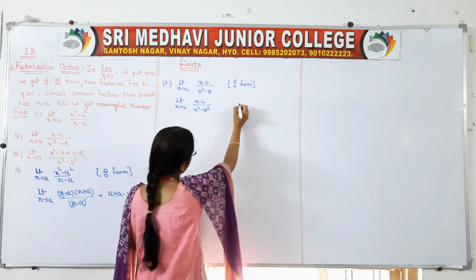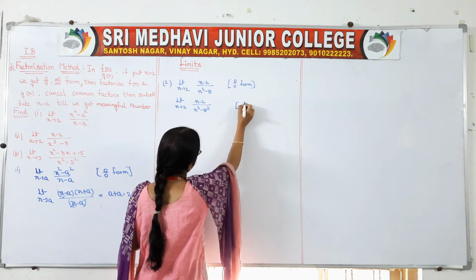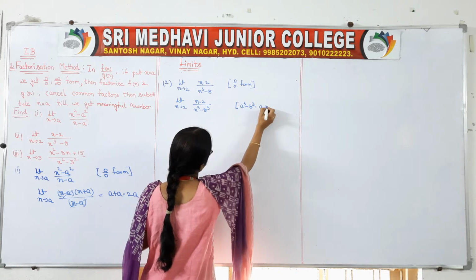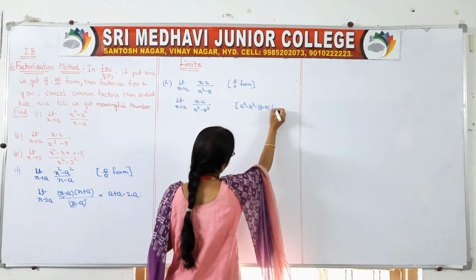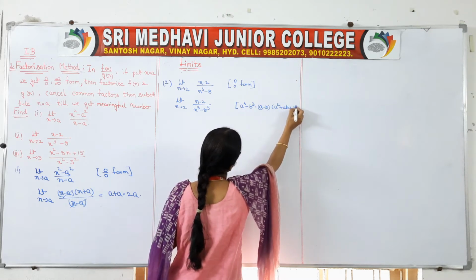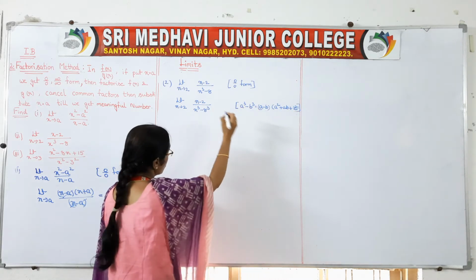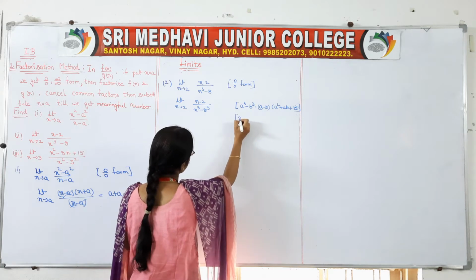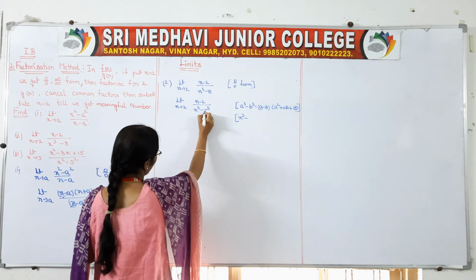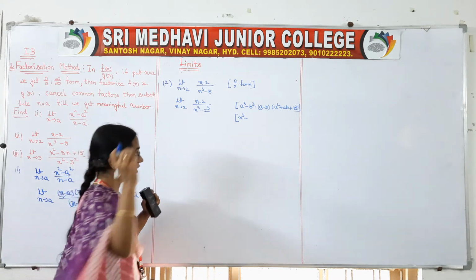There is one formula: a cube minus b cube is equal to (a minus b) into (a square plus ab plus b square). So x cube minus 8 can be written as x cube minus 2 cube, not 8 cube. Be careful, right?